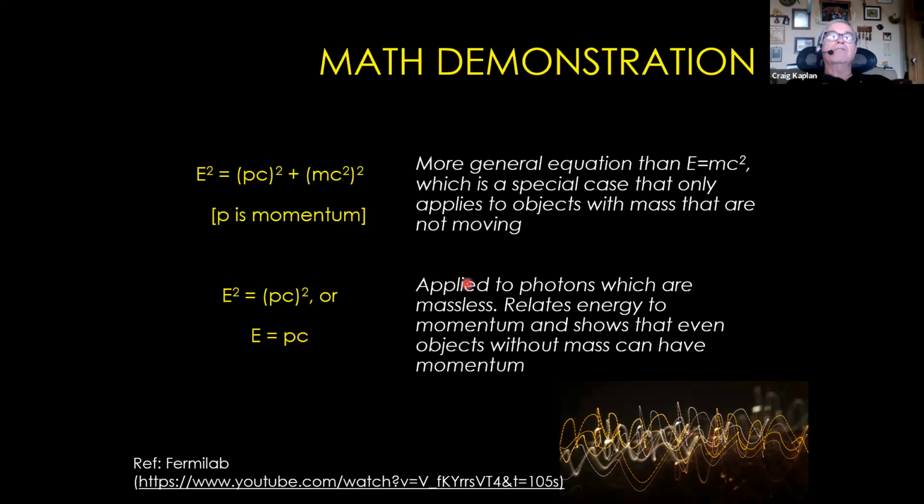So as applied to photons, which are massless, it shows that photons can have momentum even though they don't have mass. So we've seen both the practical demonstration of that in the YouTube video and the mathematical demonstration of that in this slide. And this is by a really cool, if you want to take a look at it, a very cool video on the Fermilab website in YouTube.